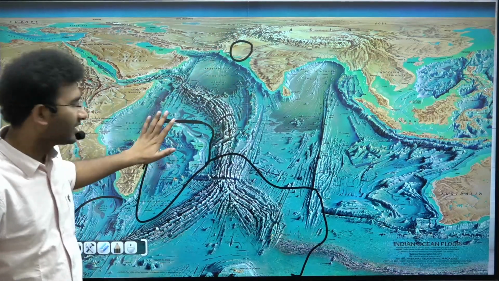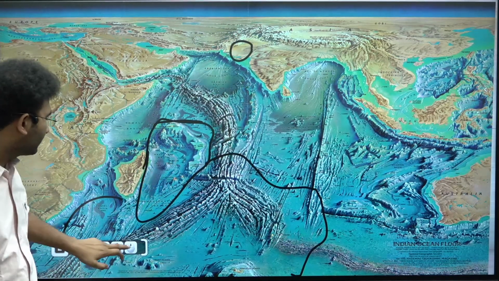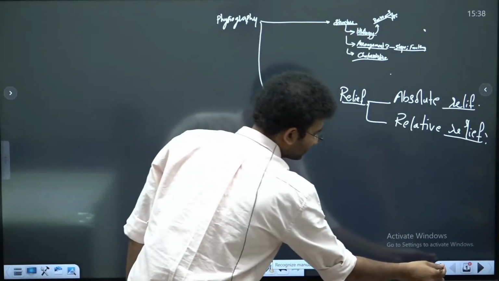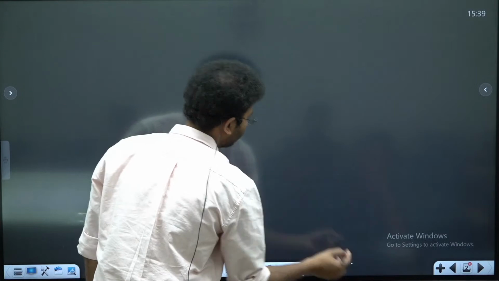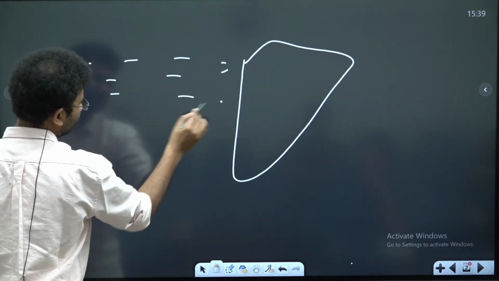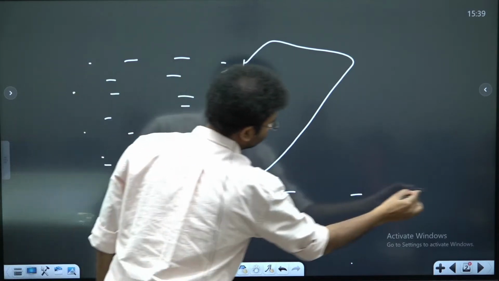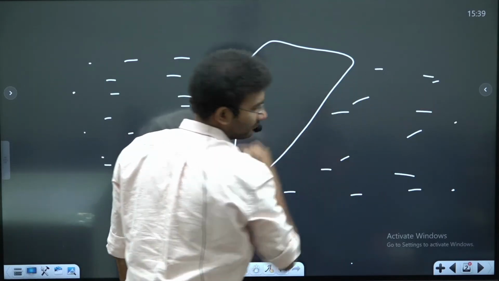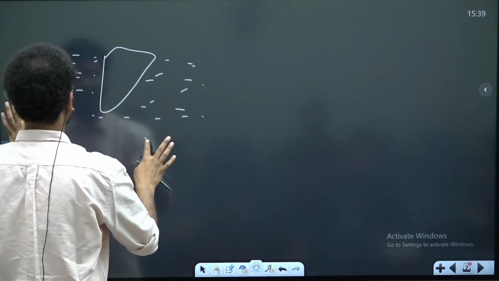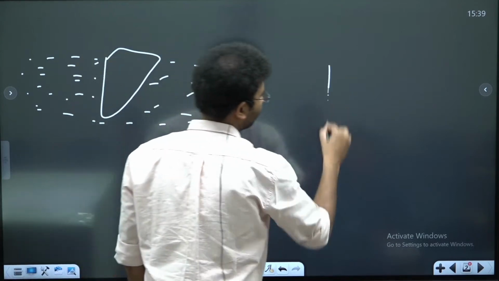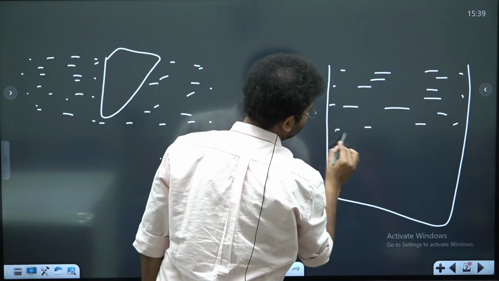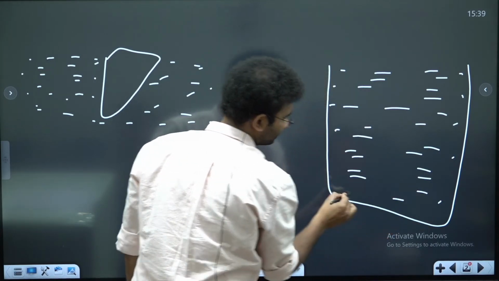See, this entire Indian landmass, imagine that it's like this. Suppose ये है India, and then you have oceans around, right? Clear? Now to show you this in a different perspective, first suppose, imagine this is an ocean, right?